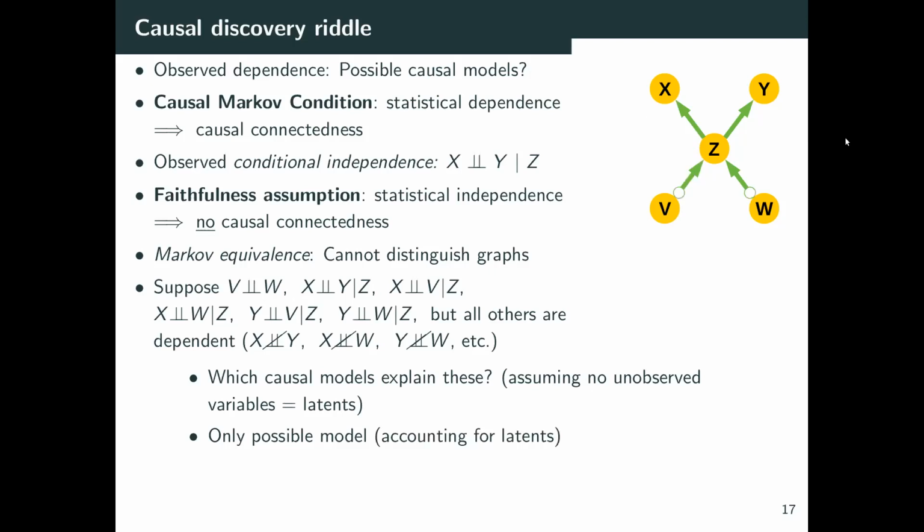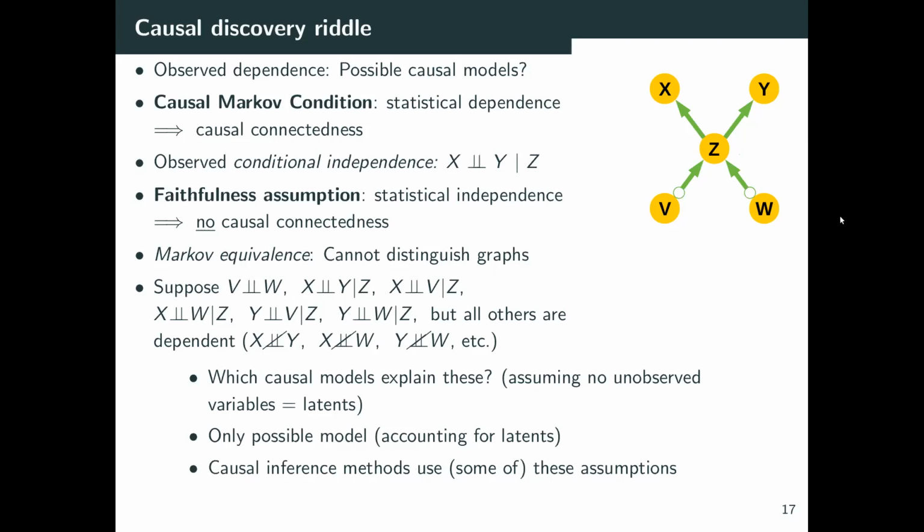Hence, we cannot really exclude the possibility that there is a confounder between V and Z. That's why we leave this circle mark here to indicate that in the Markov equivalence class, there's also the possibility that there is a link here, like an arrowhead or a tail. So in both cases, we know that Z is not a cause of V and W, but we don't know whether V is a cause of Z, and the same for W.